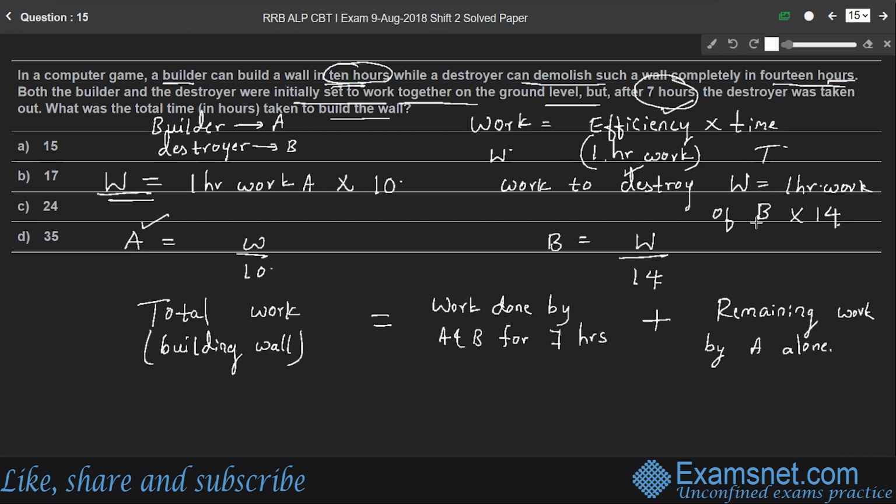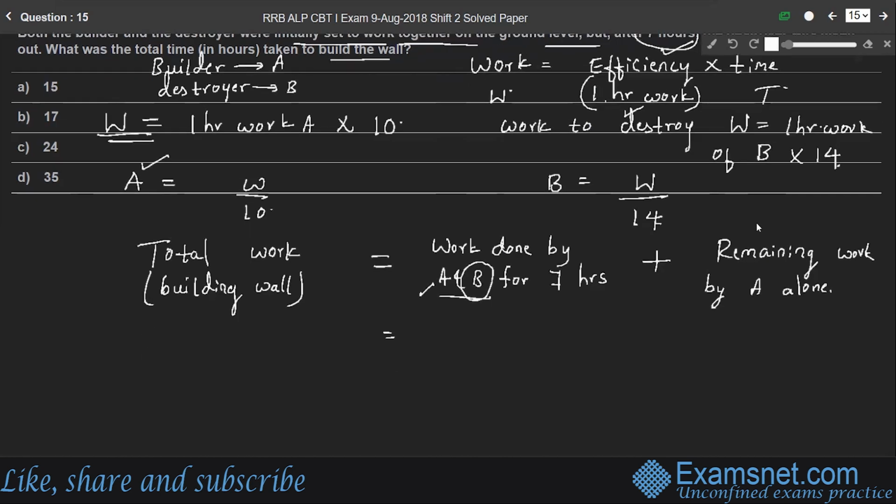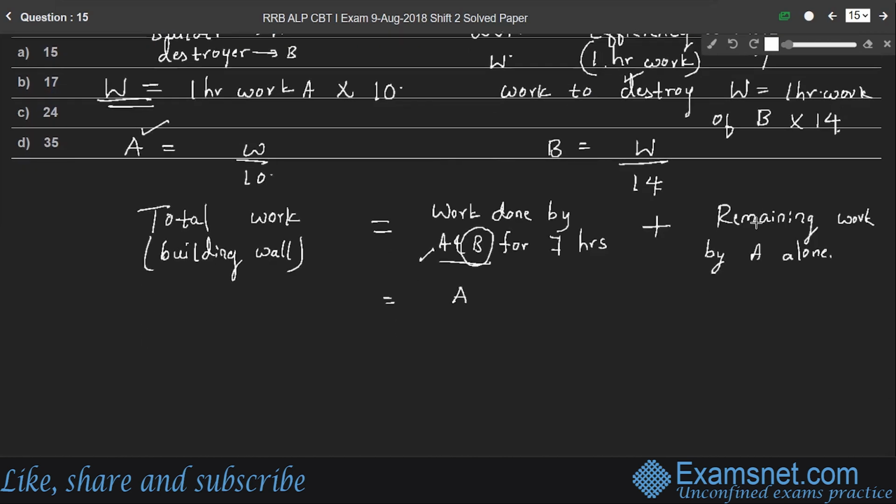According to the concept of work, work done by A and B is nothing but their efficiencies together, or their 1 hour work together, into time. Here only A can build the wall, because B can destroy the wall. Therefore, their efficiency, which is A minus B, should be taken.